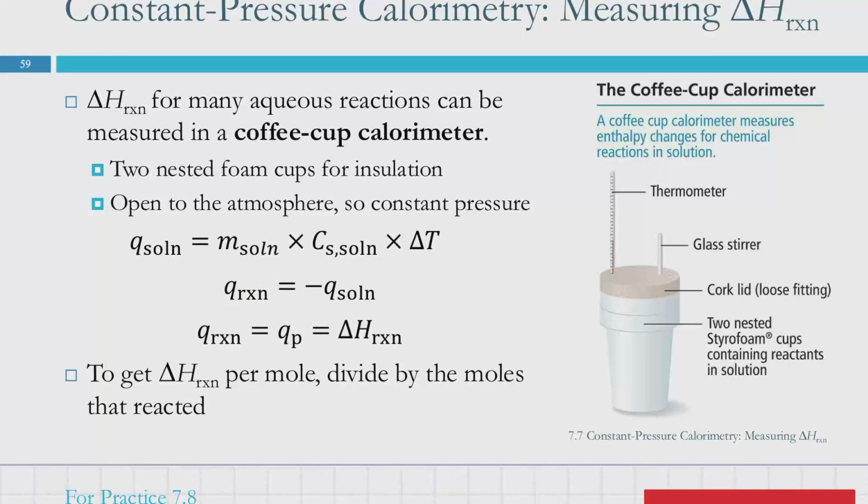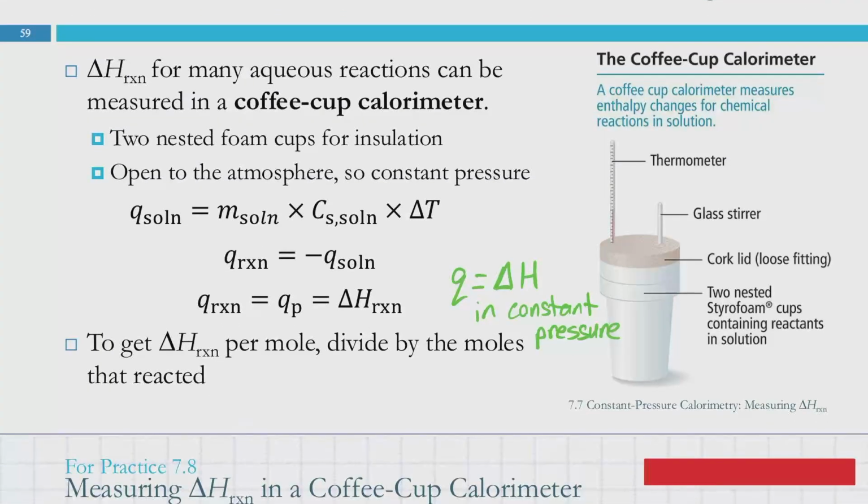And under constant pressure conditions, Q equals delta H. We talked about this. It would be a long time ago now, but we did talk about this. And then typically to get delta H of the reaction per mole, so that we can put it at the end of our reaction if we wanted to, we divide by the moles that reacted.